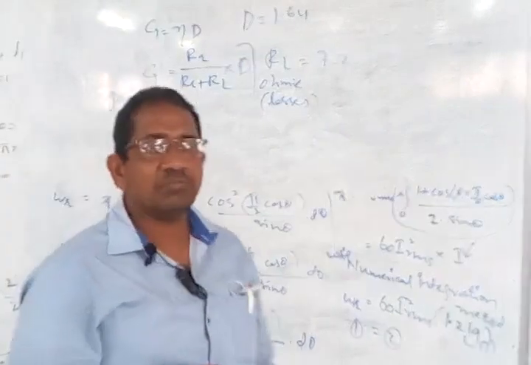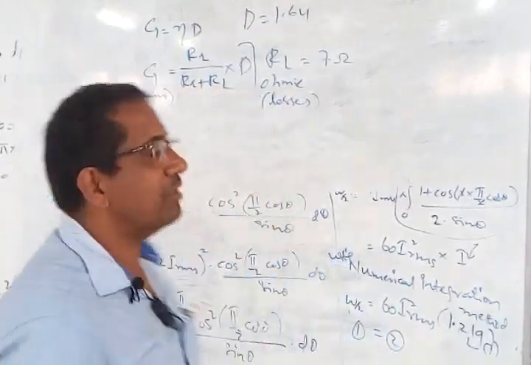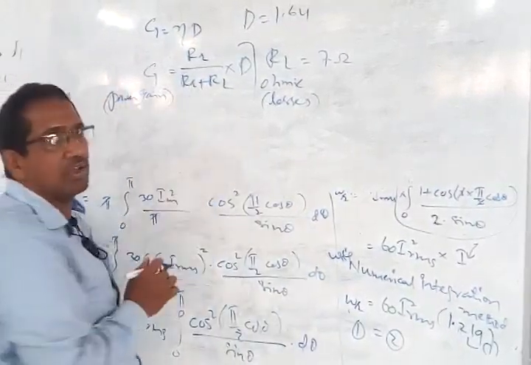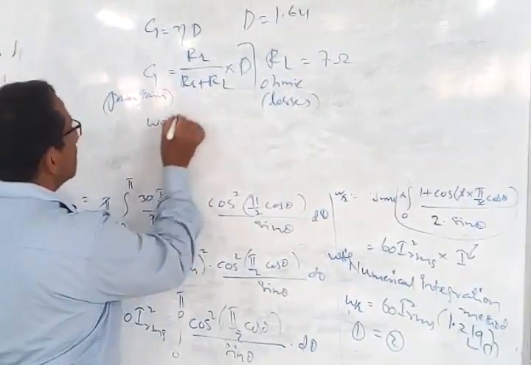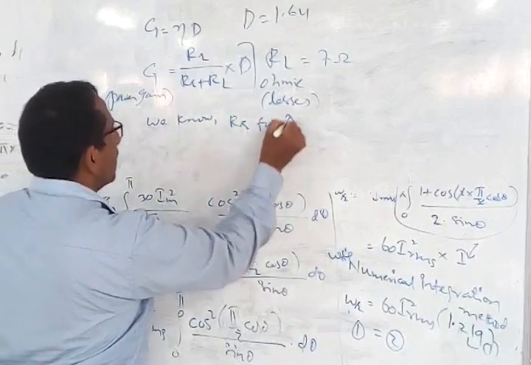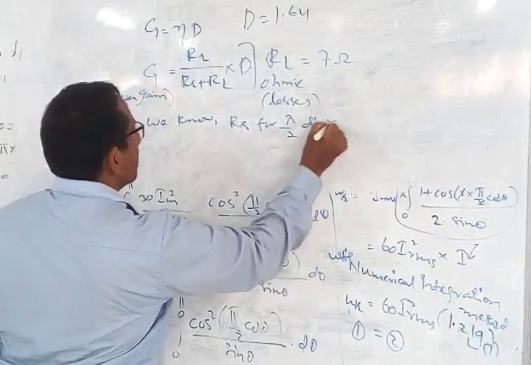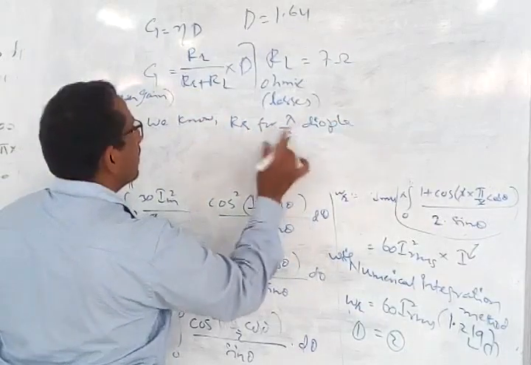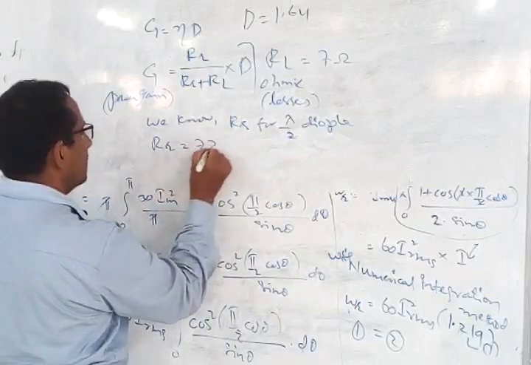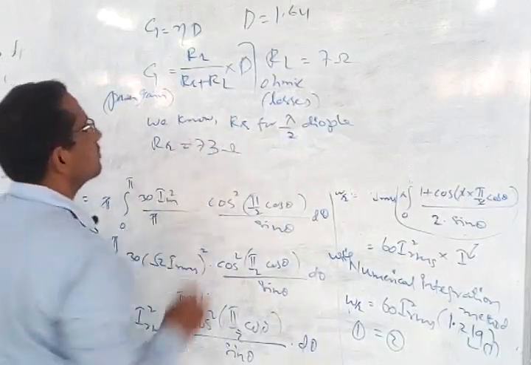Now what type of antenna is asked for? Half wave dipole. Just now we derived the expression for half wave dipole. So we know the RR for half wave dipole, lambda by 2 dipole, is nothing but equal to 73 ohms. This is the equation we have.